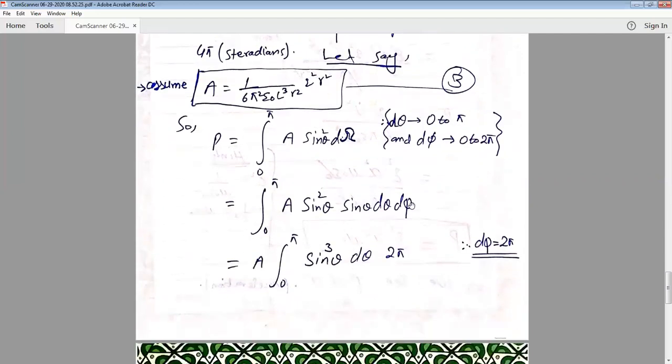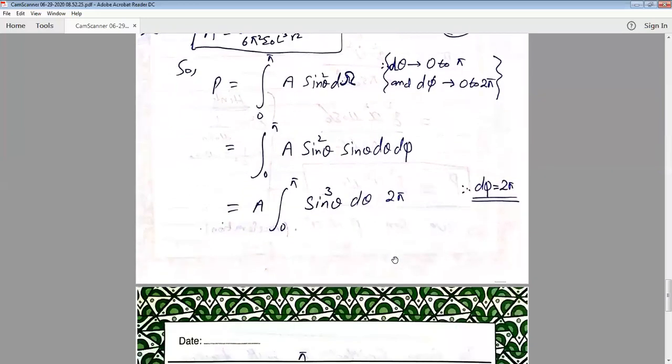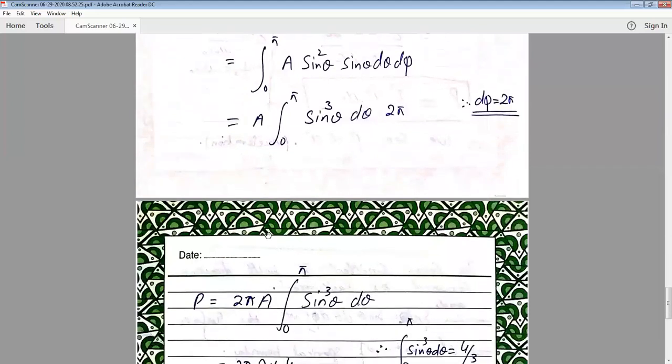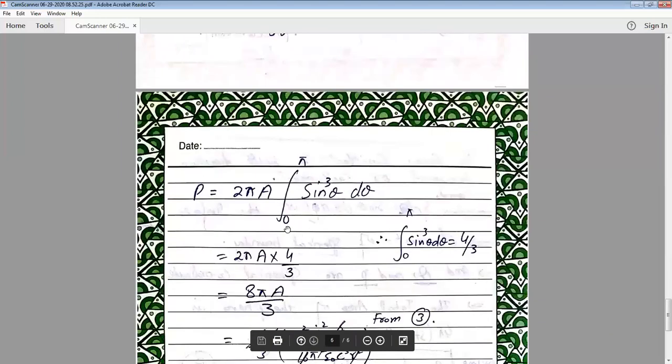Put the value of this surface element, we get this term. Now sine theta multiplied by sine square theta will give us sine cube theta d theta, and phi varies from 0 to 2 pi, so that gives 2 pi in place of d phi. Take this term out of the integral, and this equation becomes 2 pi A, integral from 0 to pi of sine cube theta d theta.